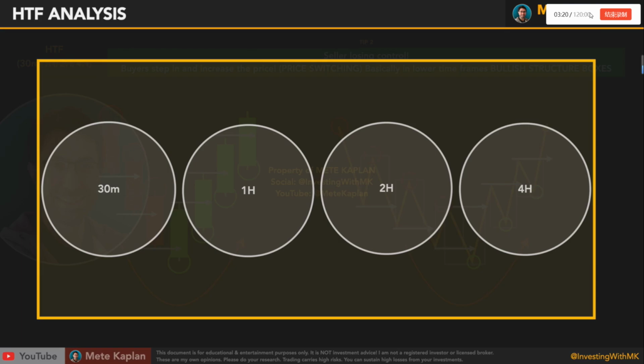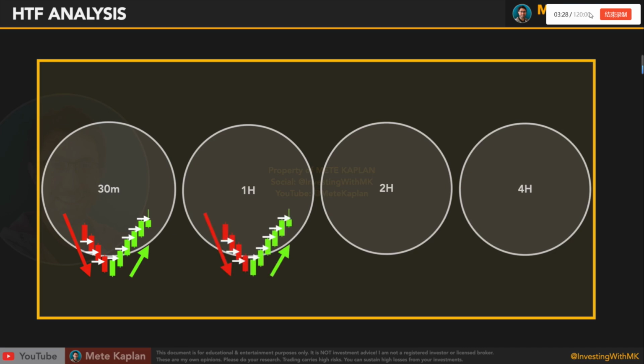You need to confirm the price switch in multiple time frames, at least two in my opinion. For example, if I see the price switch happening in a 30-minute time frame, it is really great, but it can be fake. Seeing the price switch in 30 minutes, 45 minutes, or 1 hour altogether gives me extra confirmation on the movement.